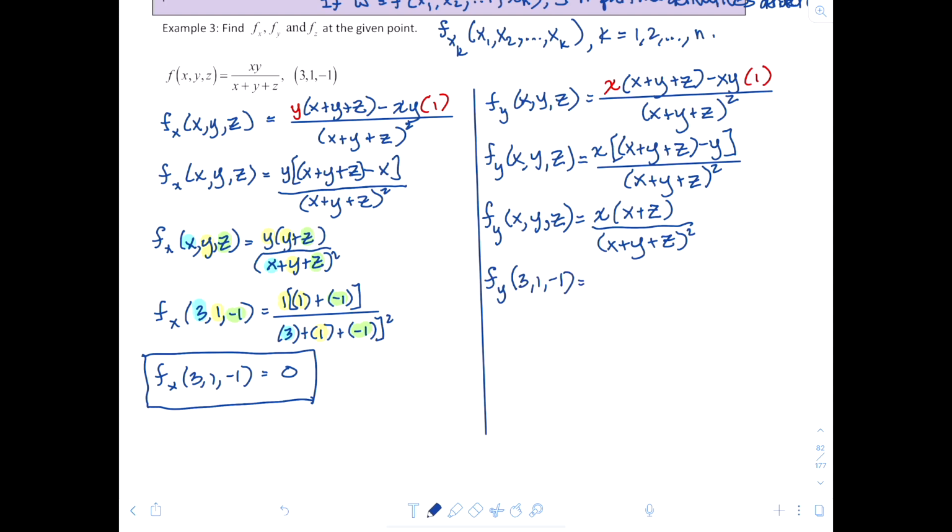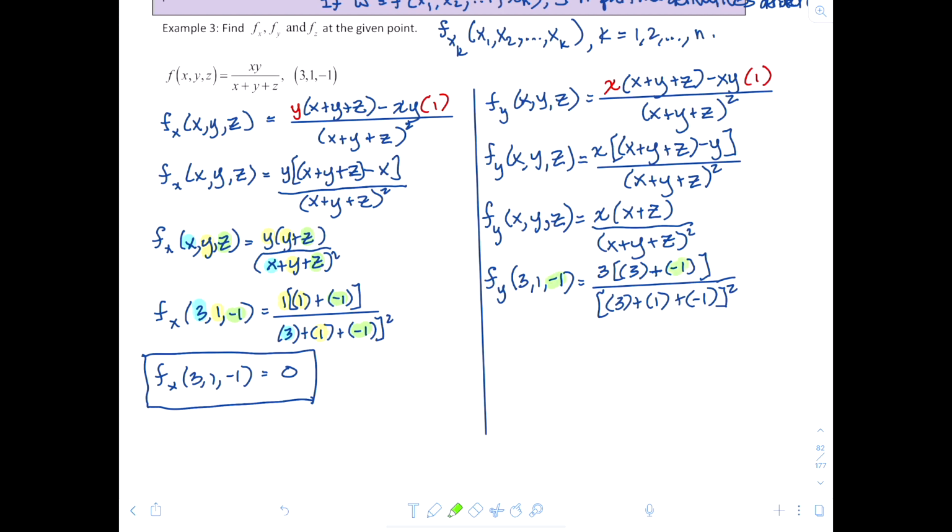We will have 3 times 3 plus negative 1 over 3 plus 1 plus negative 1, that quantity squared.